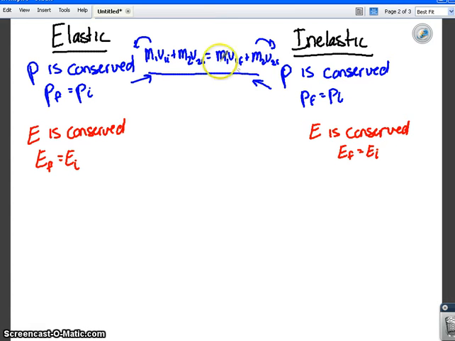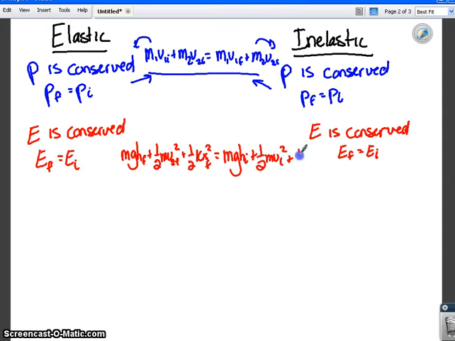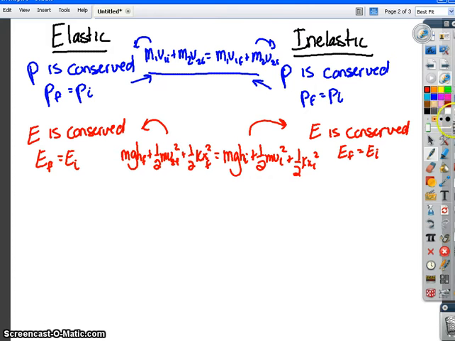So for both situations, we can go back to our original equation that we learned before: mgh final plus 1/2 mv squared final plus 1/2 kx squared final equals mgh initial plus 1/2 mv initial squared plus 1/2 kx initial squared. So this equation can apply to both situations. So we have a collision, and so far nothing has changed. Now here's where we get to the difference.